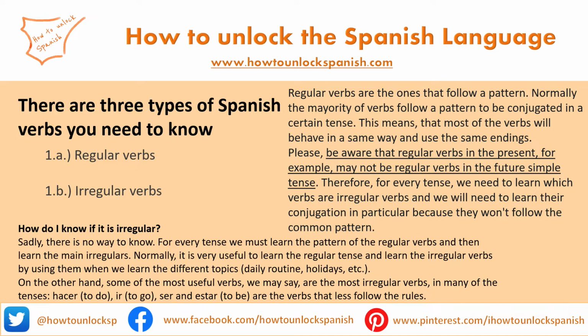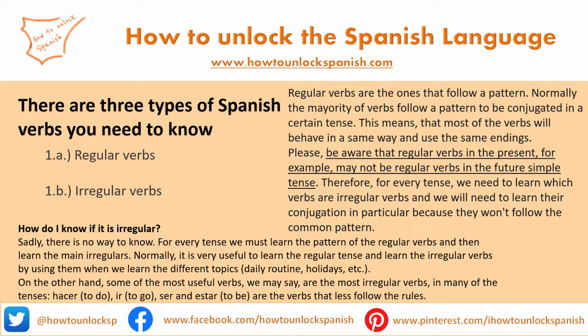Normally, it is very useful to learn the regular tense and learn the irregular verbs by using them when we learn a different topic. So if we learn the topic daily routine, we will start learning the verbs related to the daily routine. If we are learning the topic holidays, we might learn the list of verbs related to holidays, and if they are regular or irregular verbs.